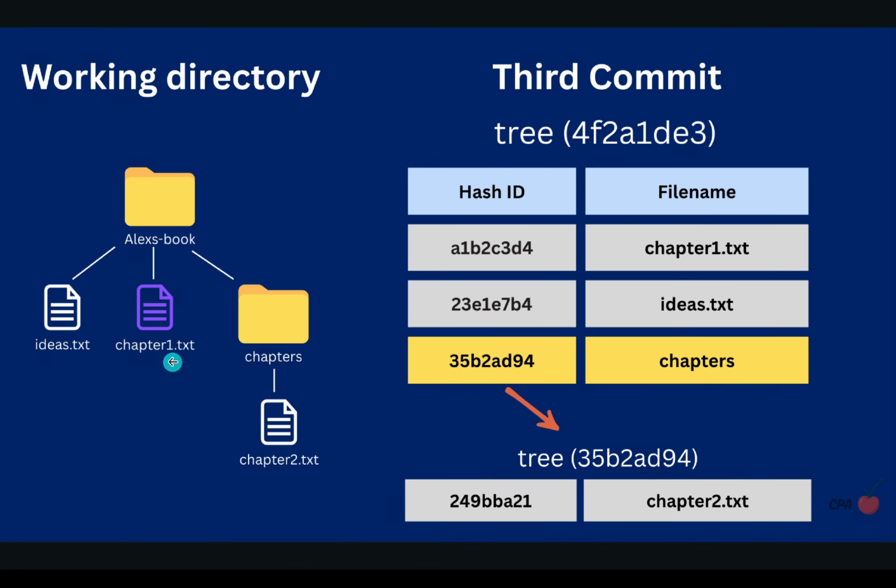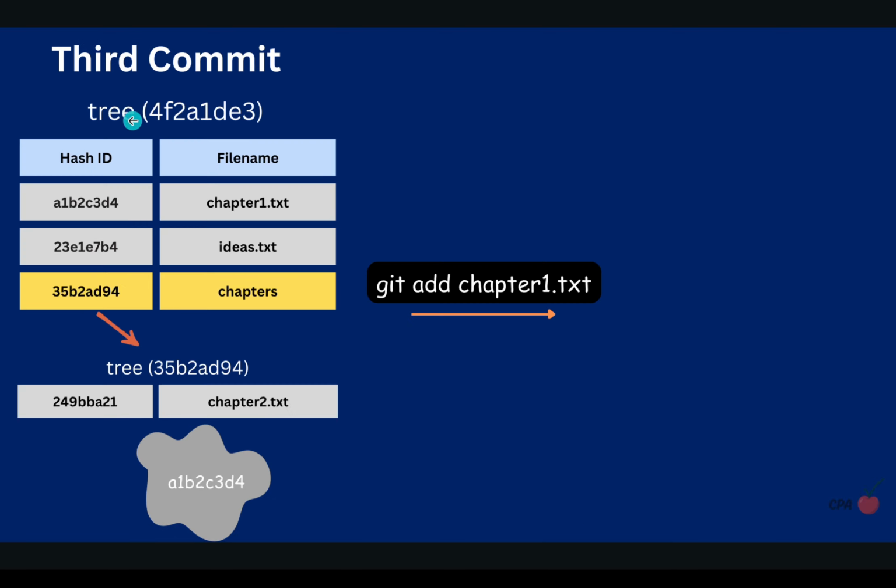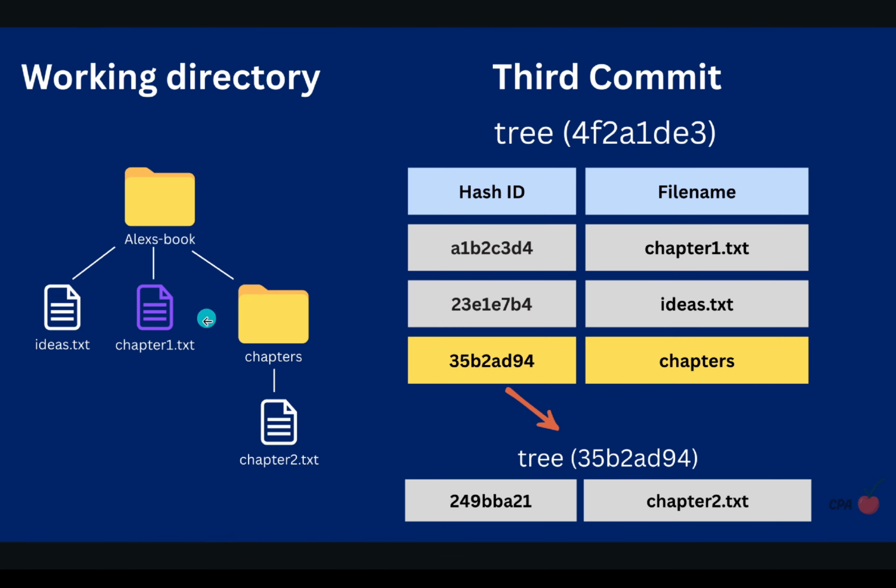But in the meanwhile, she has been working on chapter 1 and she has some updates on chapter 1. So she has modified this file and now she wants to save the changes. So again, this is what we have, the tree from the third commit, what we have already saved. And she wants to save the new version of chapter 1 because she has some new updates.